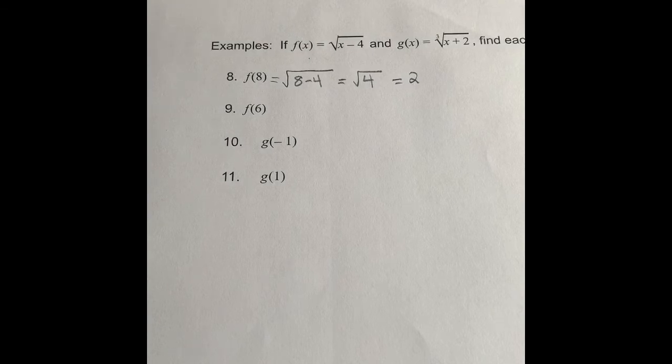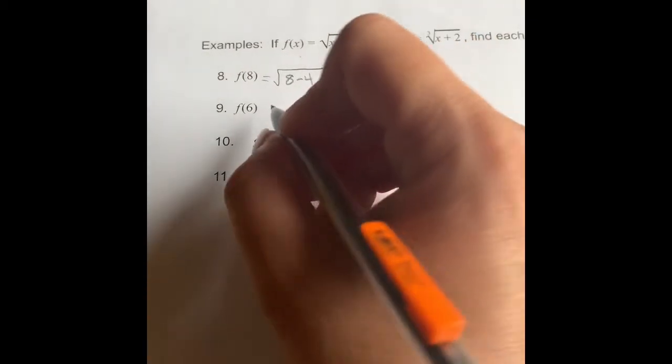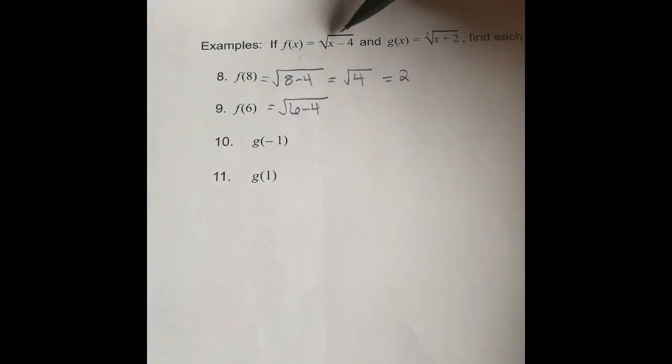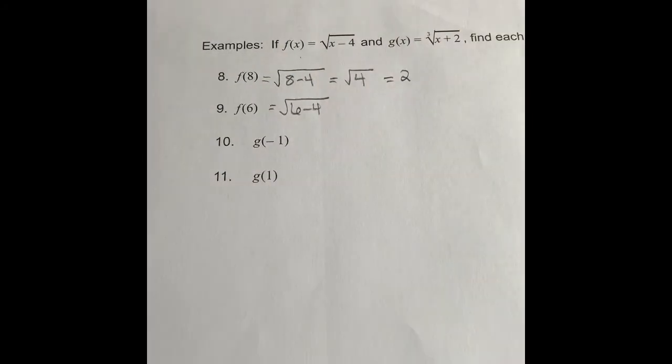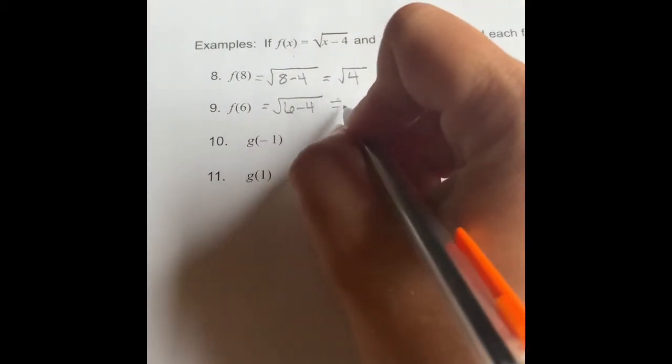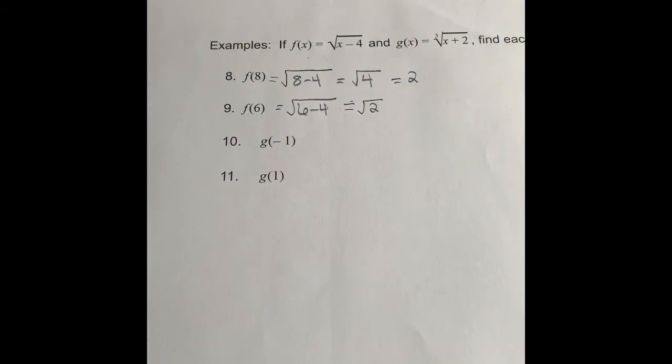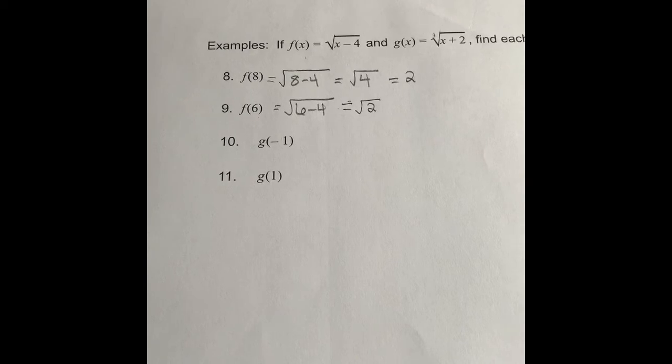Number 9, they want you to plug 6 into function f. So same thing here. If we plug 6 in, we get the square root of 6 minus 4, because we're just replacing that x. 6 minus 4 is 2. Now the square root of 2 is going to be a decimal. We saw that in the last lesson.